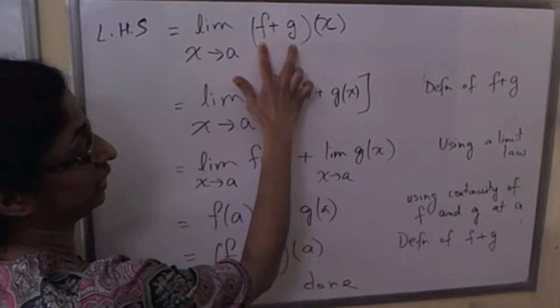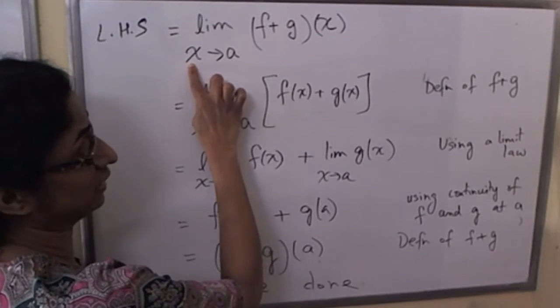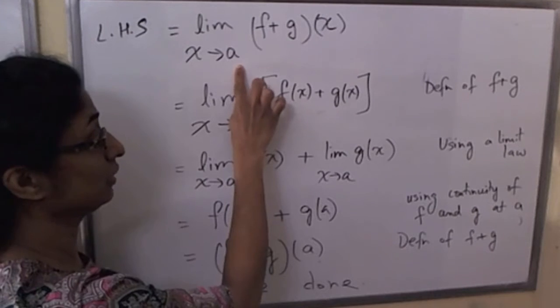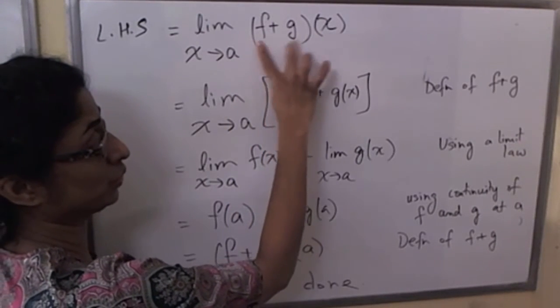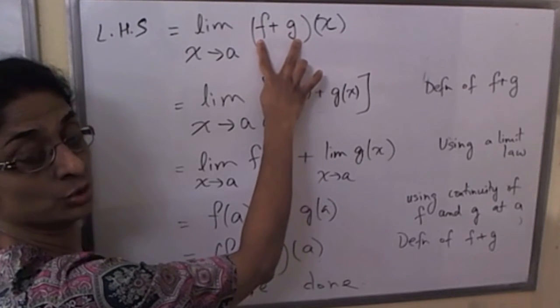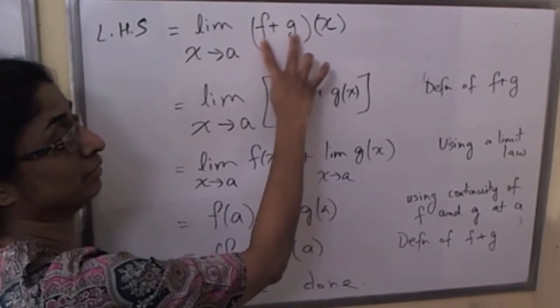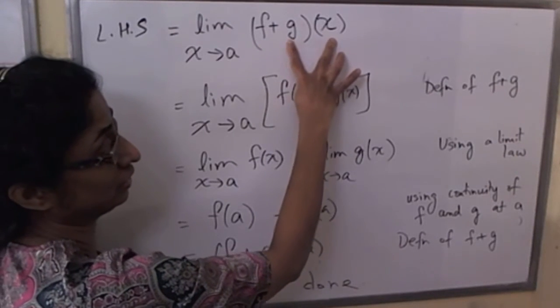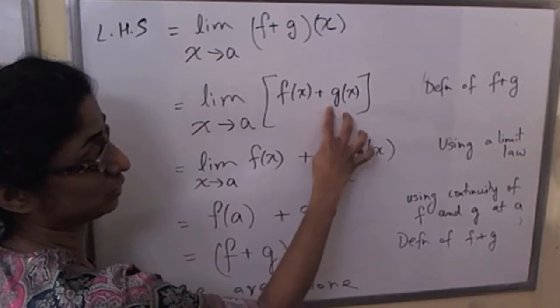Limit of f plus g of x as x approaches a. The first thing I do is I think to myself, what is f plus g of x? Remember, this is a new function created from f and g. By definition, this is simply f of x plus g of x.